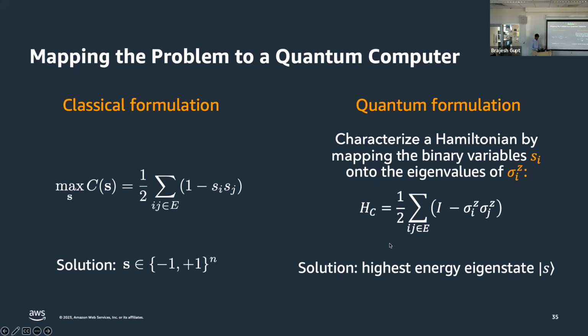That is what the quantum formulation is. For this quantum formulation, we would need to design a quantum circuit and make measurements on that quantum circuit and find out what partition of the graph gives us the maximum value of this Hamiltonian up here.